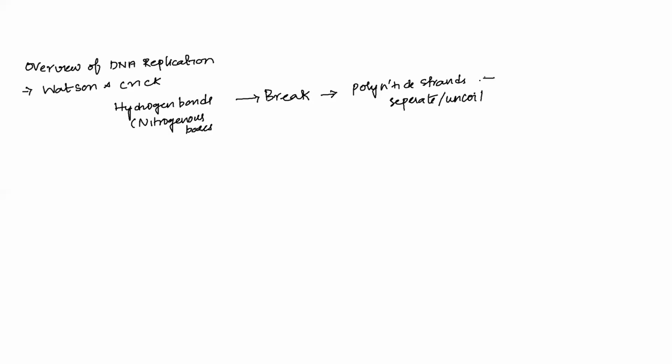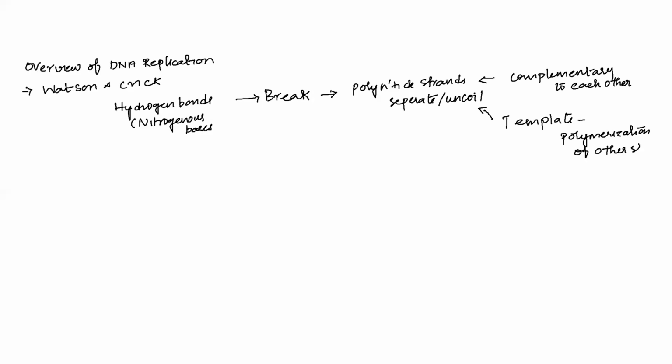Now, these separated strands are complementary to each other. Each of these separated strands will act as a template for the synthesis or polymerization of the other strand, right?